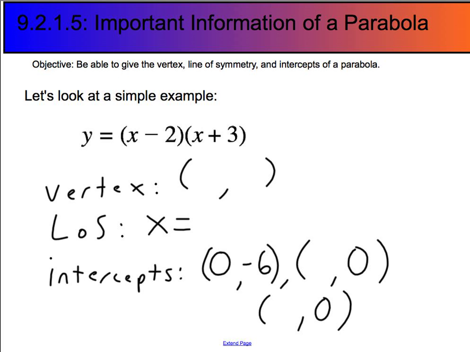All right, to find the x-intercepts, again, I just need to plug something in. It's just that for those two, or I think there's going to be two, the y is 0. That's a little bit harder, but I can use the zero product property right now. I have two parentheses, two factors, two numbers that equal 0. The only way that can happen is if one of those numbers is 0.